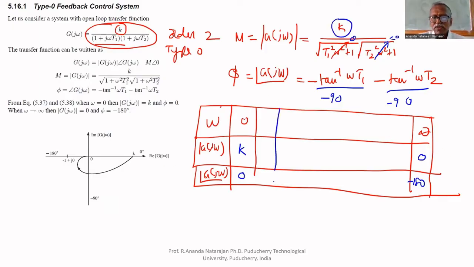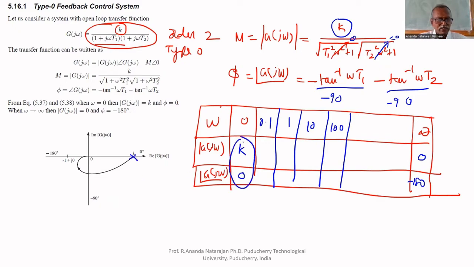For various values of omega, you have to get magnitude and angle. If you plot, it starts at K angle 0. The final value is 0 angle minus 180. It approaches the origin at an angle of 180.